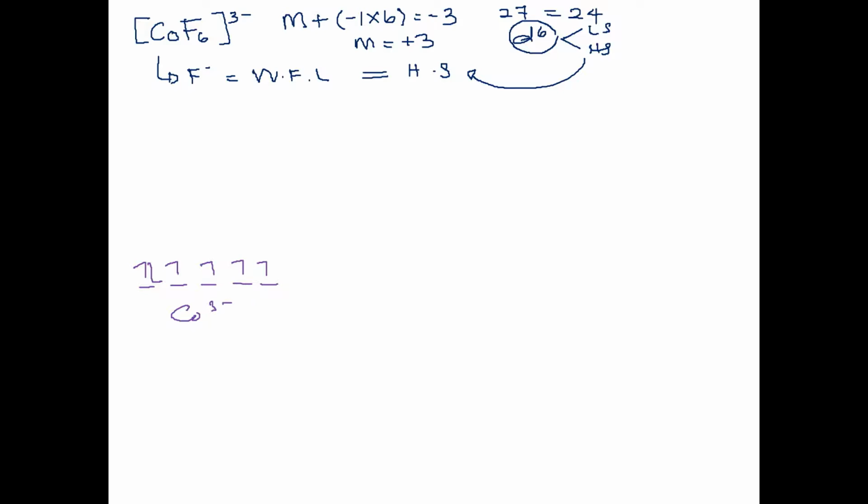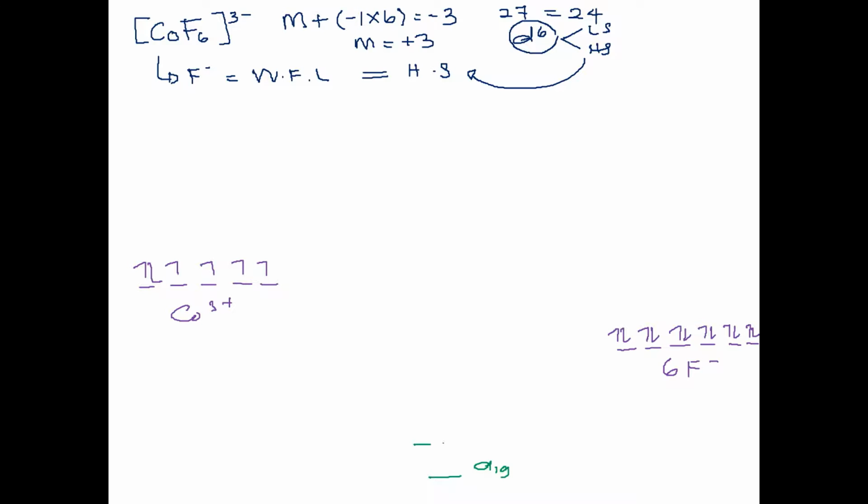You have your ligands here: 6 ligands, 1, 2, 3, 4, 5, 6, so you have 12 electrons. This is your 6 F minus. Then you arrange the ligand electrons in here.